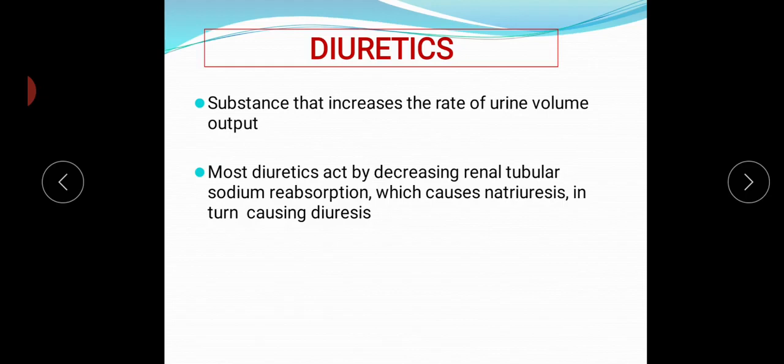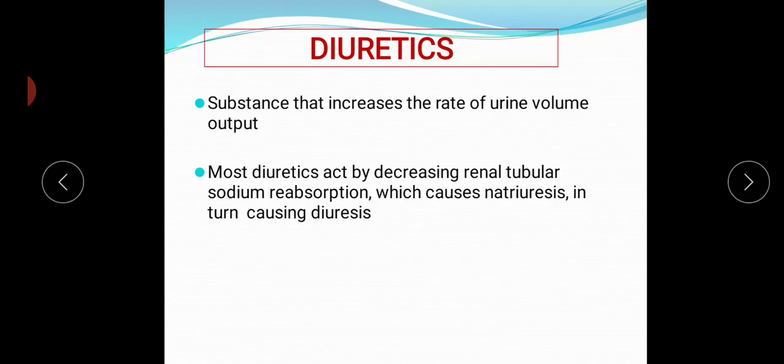The main purpose of diuretics is to remove the excess water. But primarily they do that by preventing the reabsorption of various solutes from the kidney, mainly sodium. By preventing sodium reabsorption, they remove more sodium from the kidney, and that is known as natriuresis.